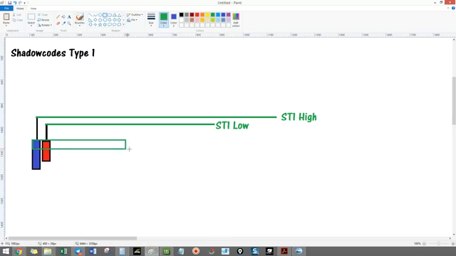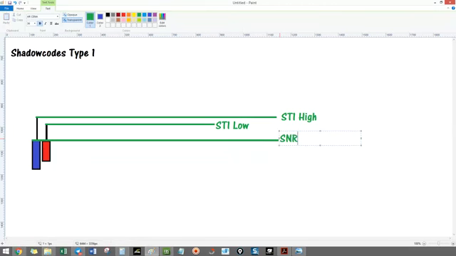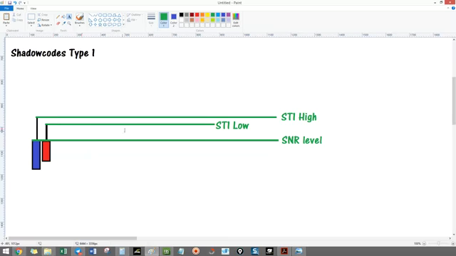And this will be the SNR level. So our entry is at the ST1.